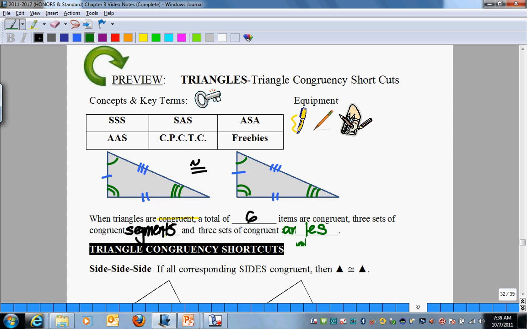So again, when triangles are congruent, you have 6 pairs of items which must therefore be congruent.